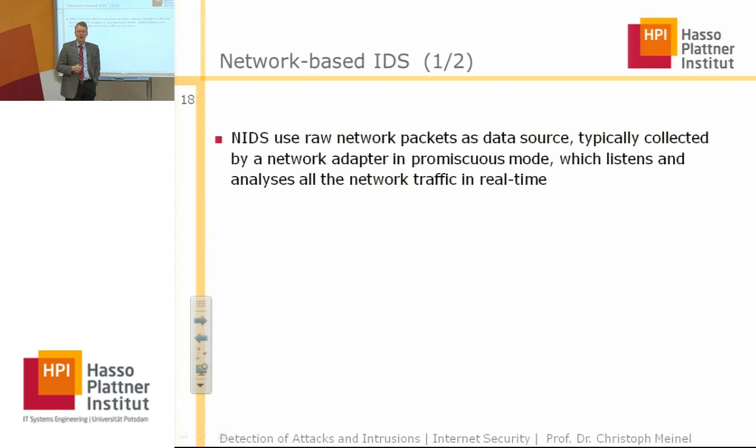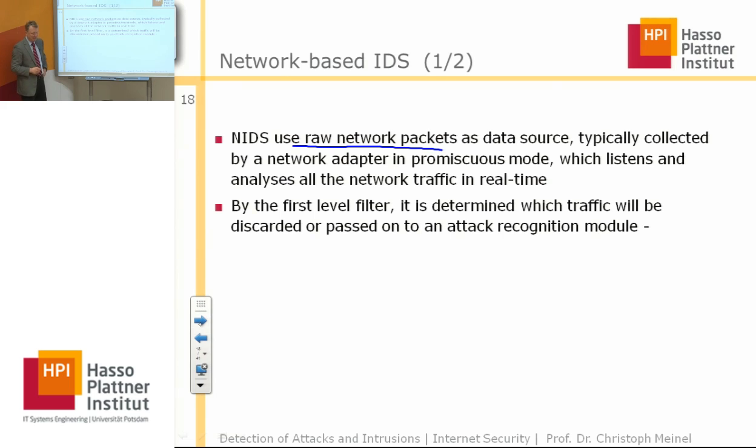Let's have a closer look at the network-based intrusion detection system. Such network-based intrusion detection systems use all raw network packets as the data source for their analysis. Typically, this data is collected by a network adapter in promiscuous mode. In promiscuous mode, it listens to all activities inside the network and analyzes all the network traffic in real time.